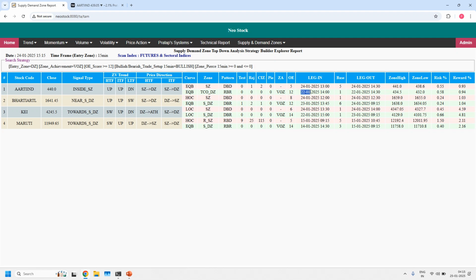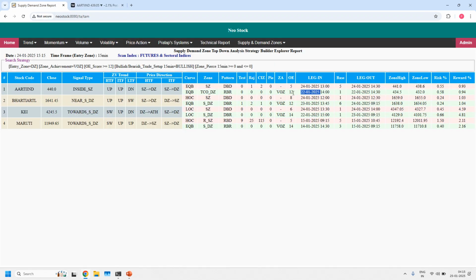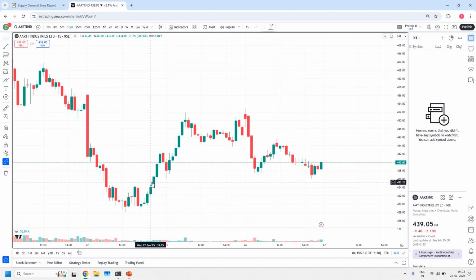On 22nd January 2025 at 14 hours, this is the leg-in. After that you have one base candle, then you have a rally and follow through candles.